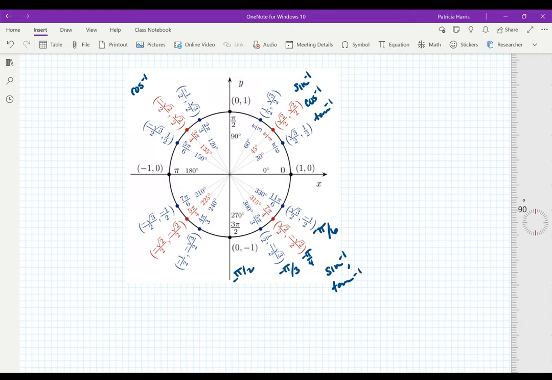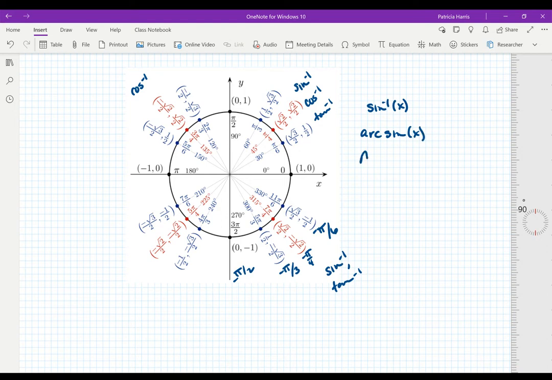All right, so now another thing to understand about inverses, okay? So there are several different notations. We can say sine -1 of x, so that's sine inverse of x. Okay, we can also use the term arc.